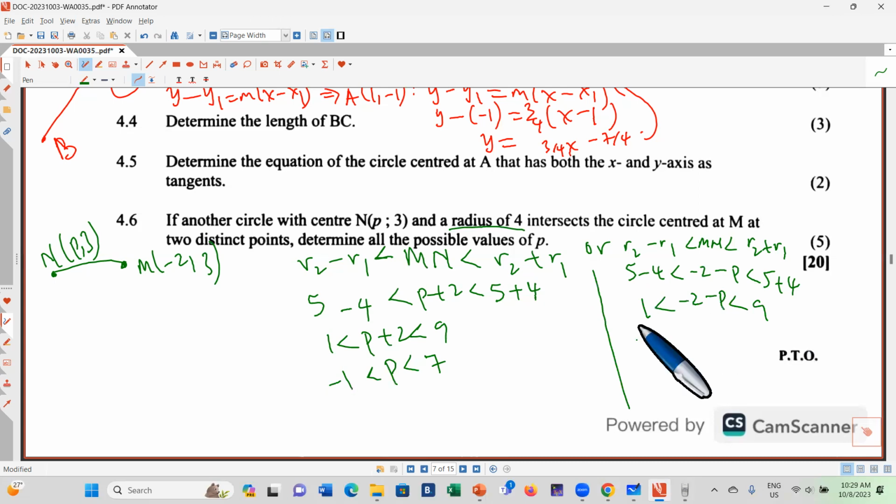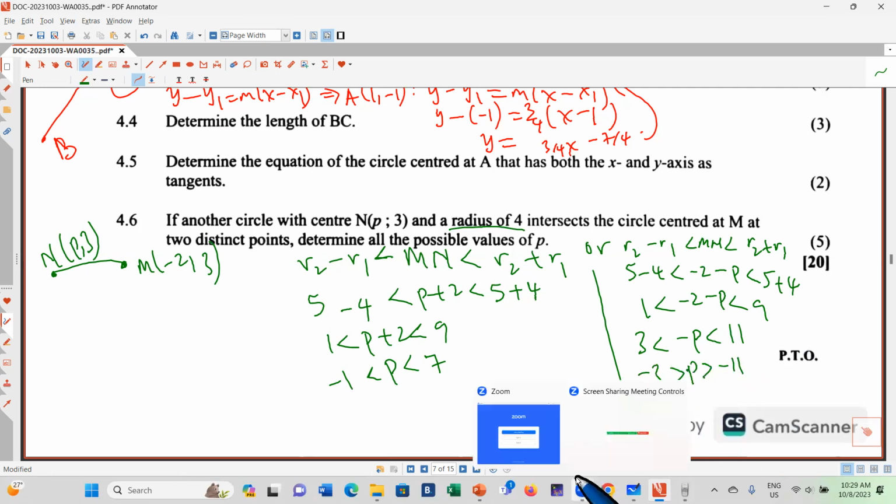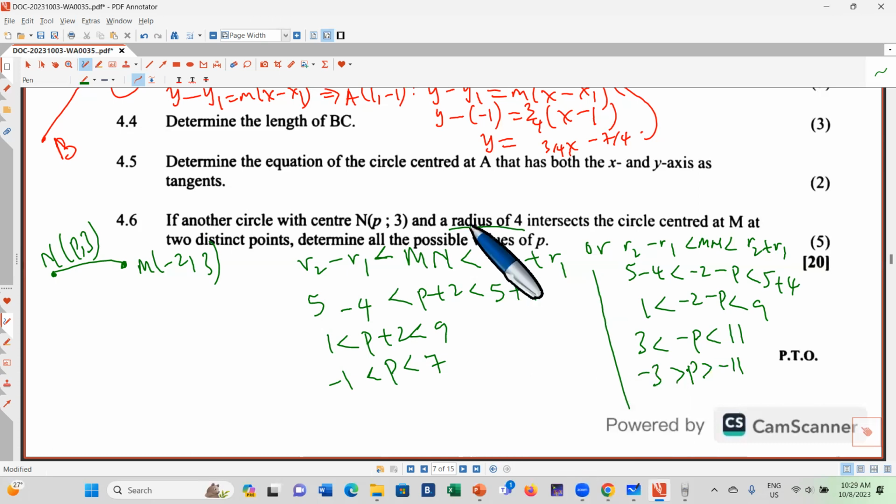So you add 2. 2 plus 1 is 3, minus P. You add 2 and it gives 11. You divide by negative, so it means you have minus 3 less than P less than minus 11. If you divide by negative, the inequality changes direction, and you get that.